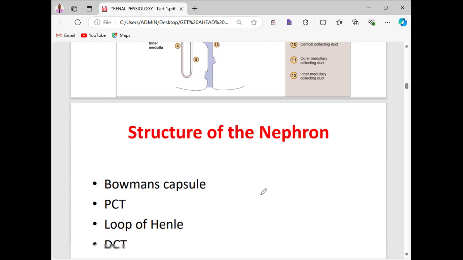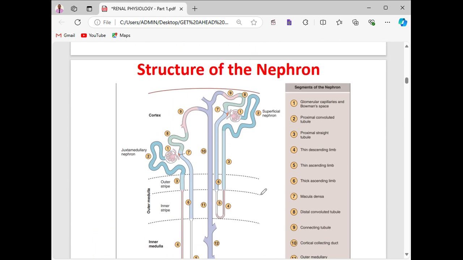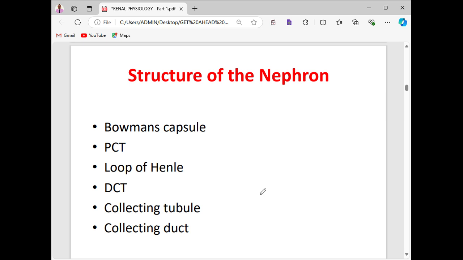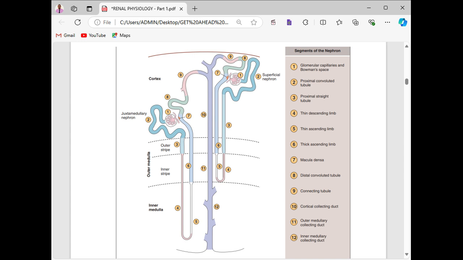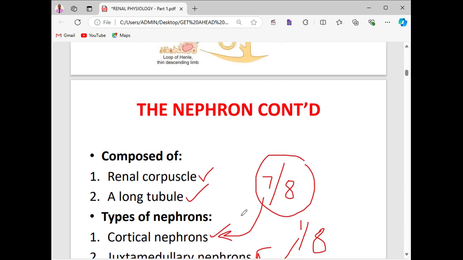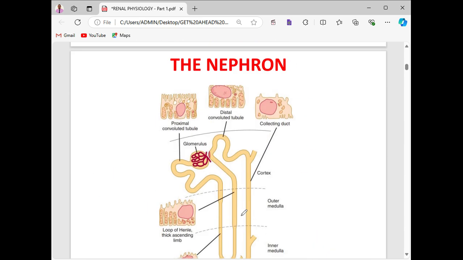Now when we talk about the structure of the nephron, you need to understand that the nephron comprises the Bowman's capsule, just like we mentioned earlier. Let me take you to this slide.